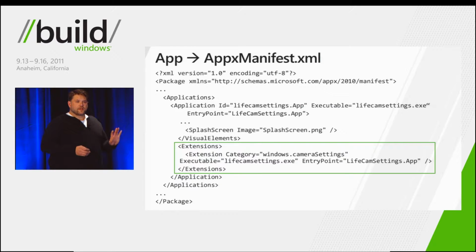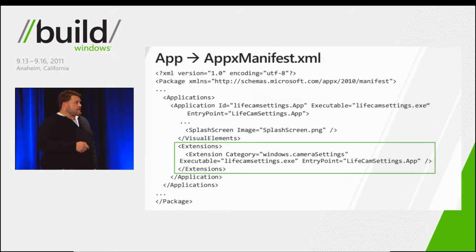This is where you decide to have your app or show your app as participating in the share contract or the search contract or things like that. Here, LifeCam is participating in the camera settings contract, as I said earlier. So that's all they have to do to say this is our executable and this is how you get into it, and that's about it.